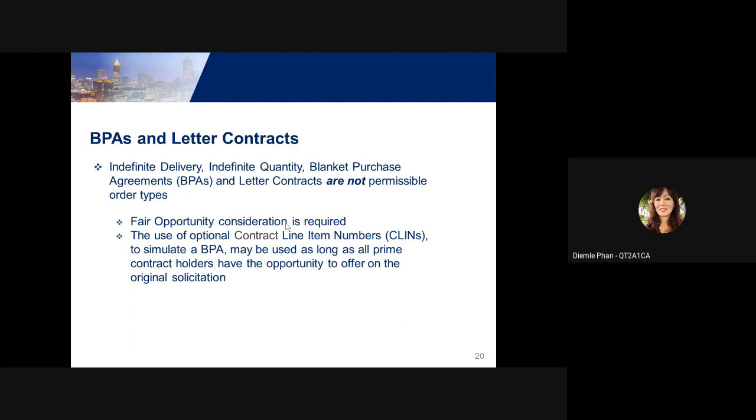Fair opportunity consideration is required, and you can use optional contract line items to simulate a blanket purchase agreement as long as all the contractors are provided fair opportunity at the initial solicitation. If you have any questions in more detail related to your requirements, you can come to us. We'll be able to help you structure the optional contract line items, or CLINs.